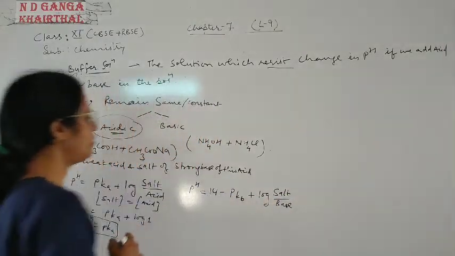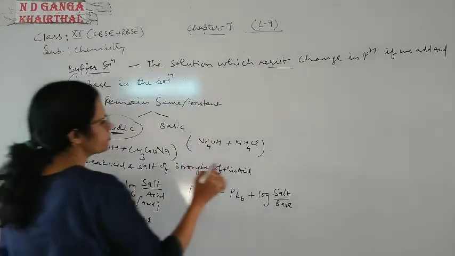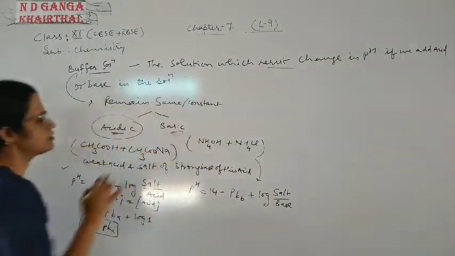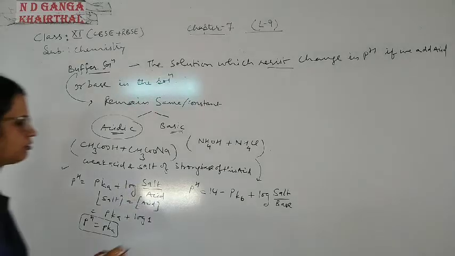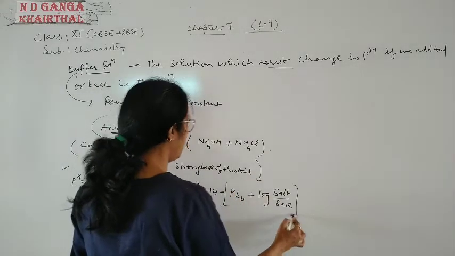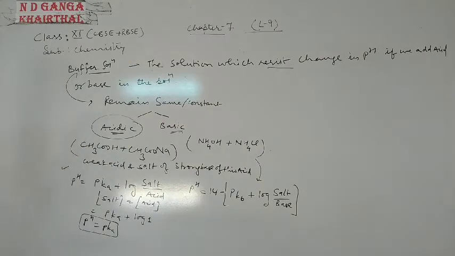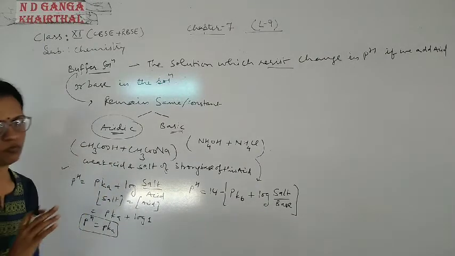So this formula will be used to find out the pH of a basic buffer. Okay, so this will be the formula like this, and we will use this formula.